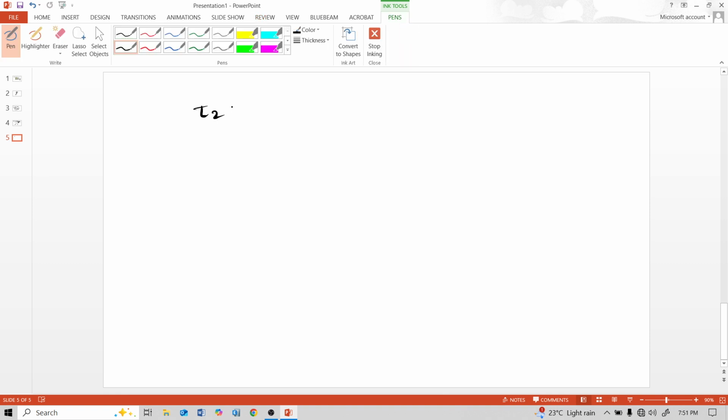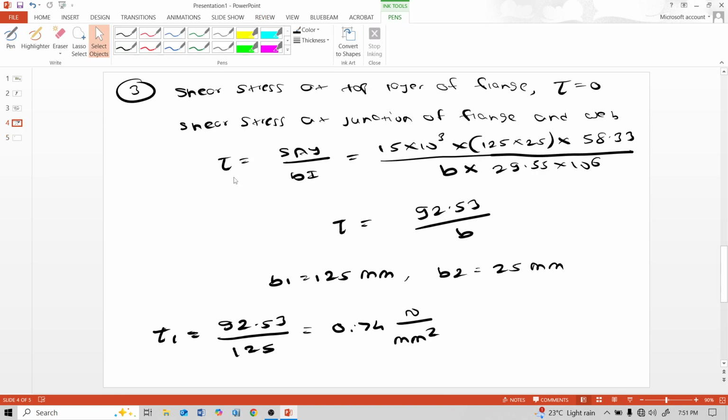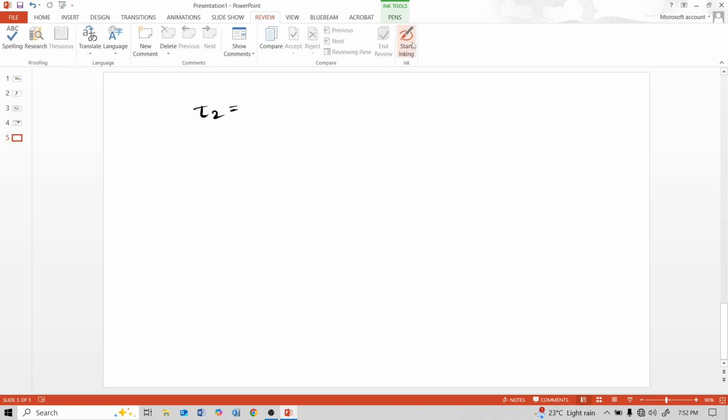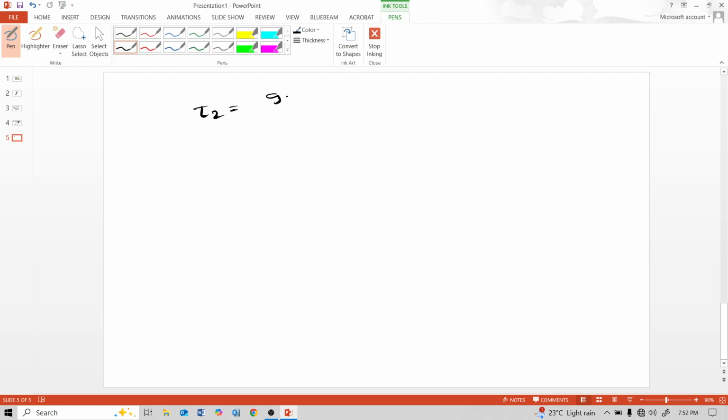And tau 2 is 92.53 upon B2, B2 is 25, which is 3.7 Newton per mm square.